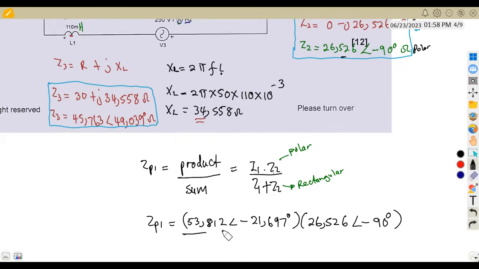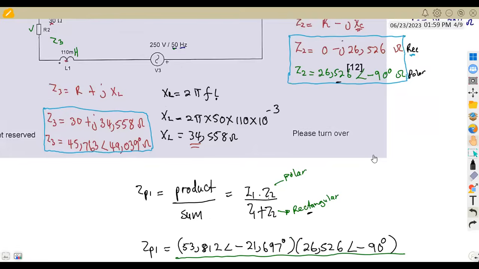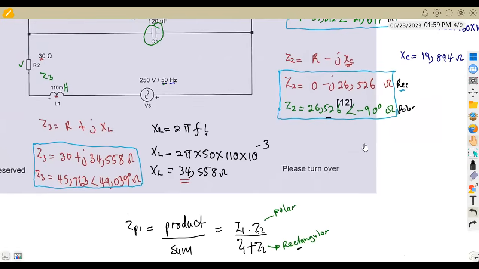Like I said, for the sum, let me use this one so that we can differentiate. The sum of these you are going to have in rectangular form. So we take Z1 in rectangular form, and Z2 in rectangular form.